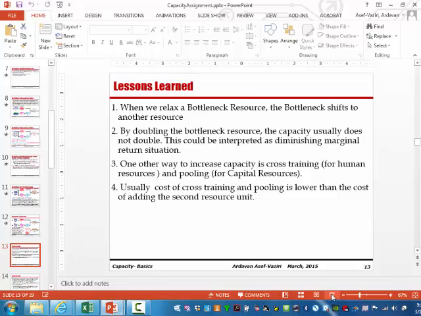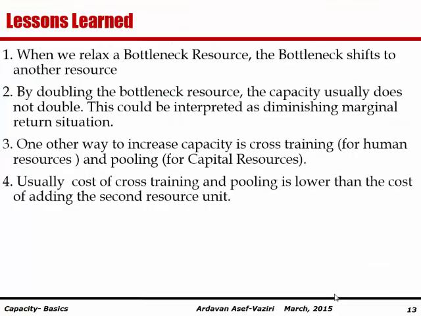Let us summarize what we learned in this lecture. We learned when we relax a bottleneck resource, the bottleneck shifts to another resource. We learned by doubling the bottleneck resource, the capacity usually does not get doubled.